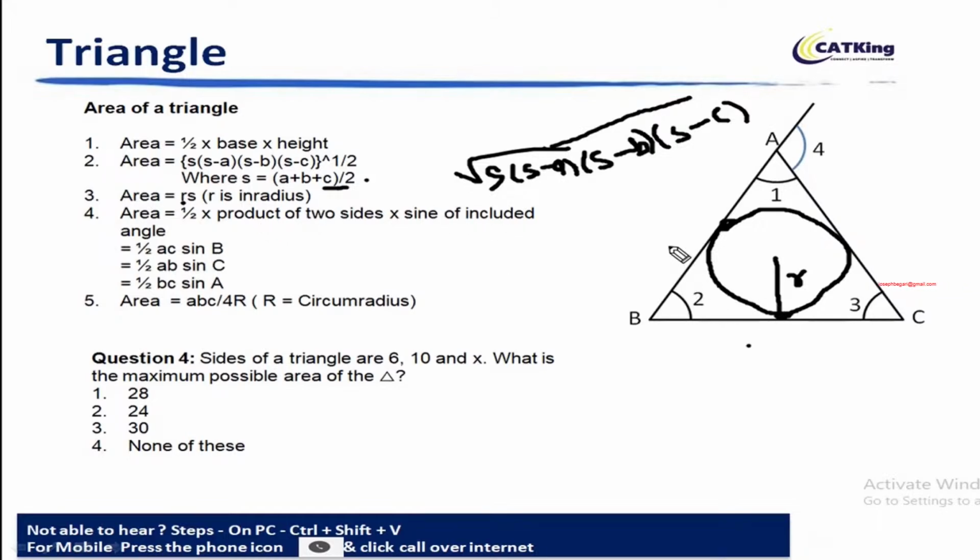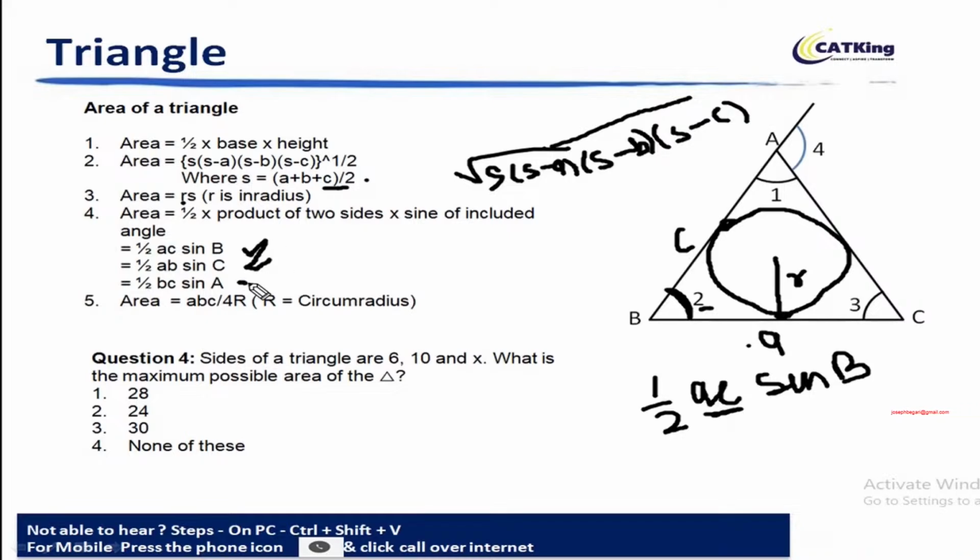Suppose I know the value of this side, which is C, and this side, which is A, and I know the value of this angle, then I'll be able to find the area by using half AC into sine of angle B. So this is the included angle, these are the two sides, right? And it is also true for the other sides as well, right?